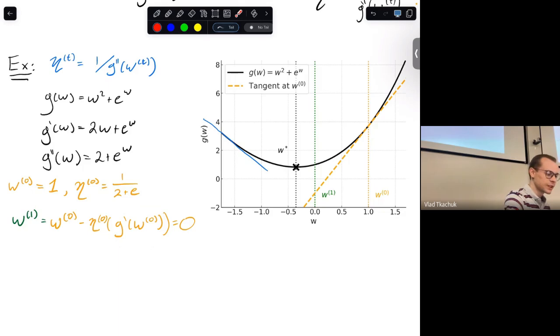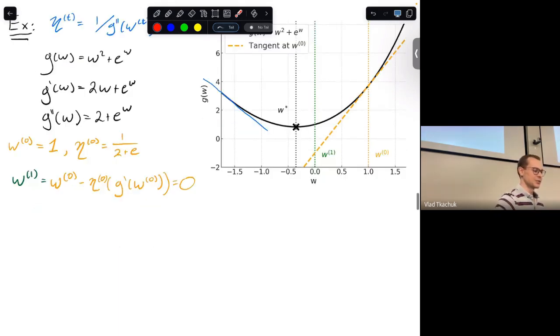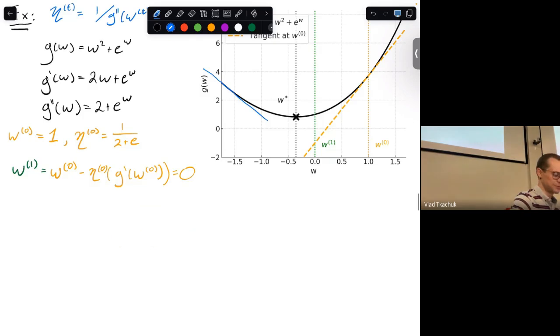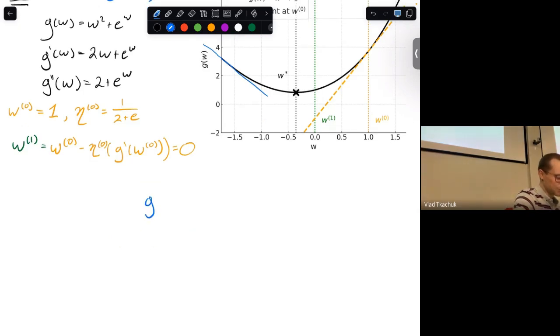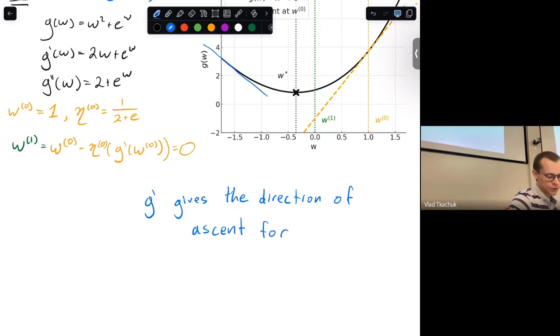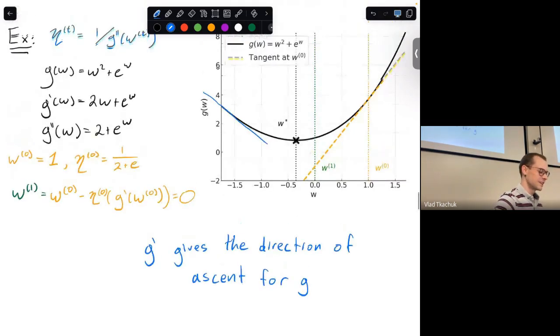And if you look, moving left would also cause the function G(w) to increase. Okay, so here's the idea: G prime gives the direction of ascent for the function G. This is the intuition I'm drawing.